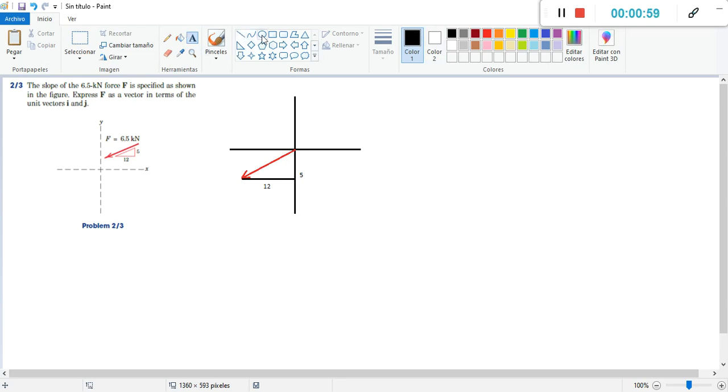Okay, first the angle of this is equal to this angle. We can make a square here, and this angle is equal to this angle, and obviously this angle is equal to this one.